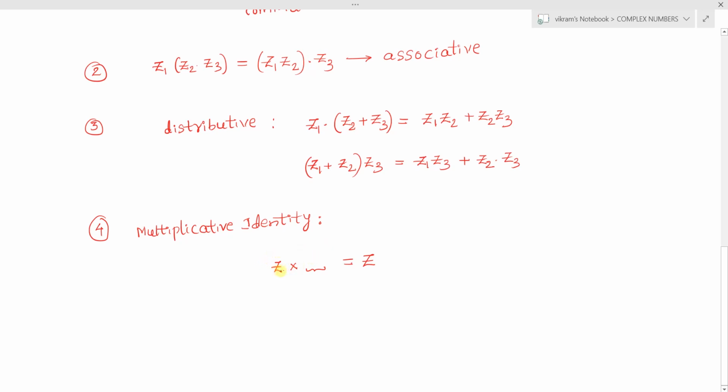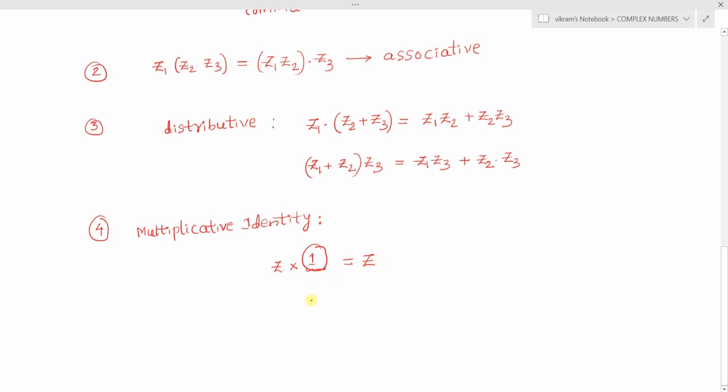So z multiplied by what complex number gives z itself? That complex number is called the multiplicative identity. Generally, if any complex number is multiplied by 1, we get the same complex number.